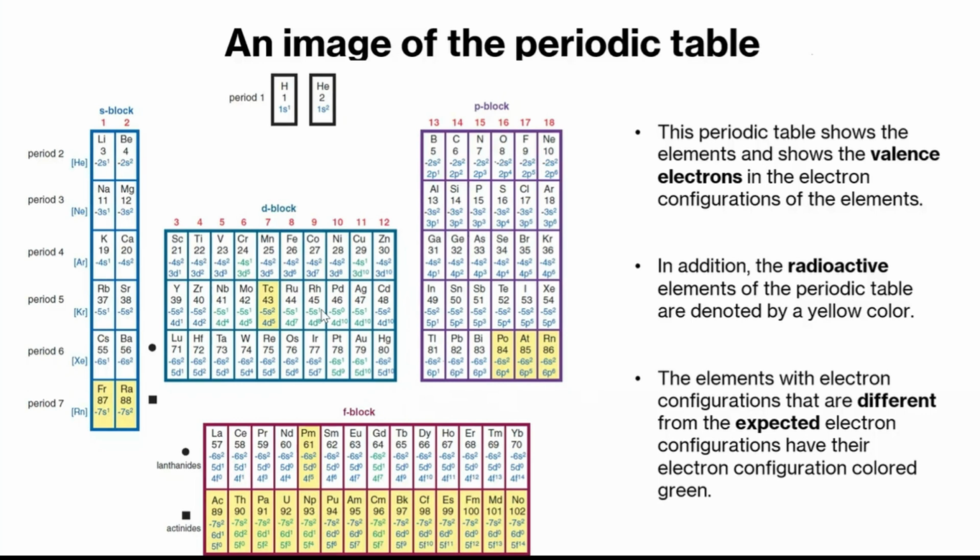So therefore we make that electron configuration green. If you want to know the actual reason why palladium has 10 electrons in the 4d shell but no electrons in the 5s shell, it's simply because a half or fully filled subshell is more stable. So that's simply palladium trying to achieve more stability.